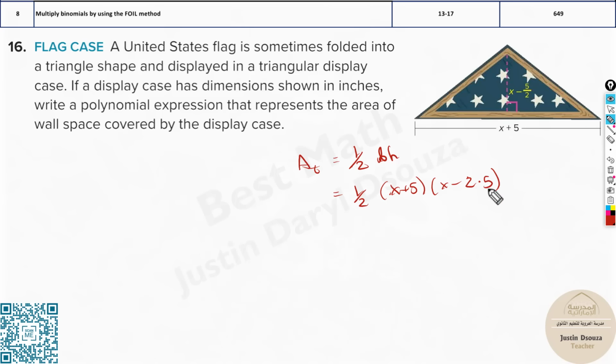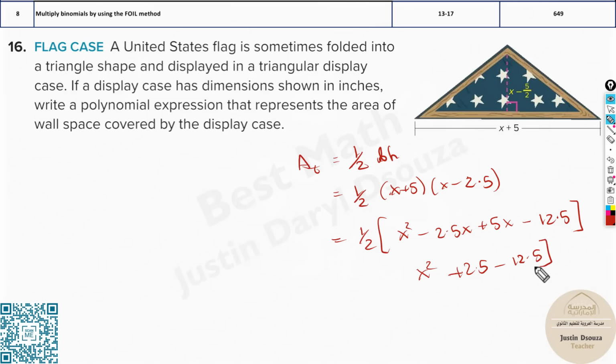You can take it as 5 by 2 or 2.5. It's up to you. Now let me solve numbers. I'll multiply it later. Let me do this right side only. So it's going to be x squared minus 2.5x plus 5x minus 5 by 2, it will be 12.5. So now all I need to simplify is x squared, it will be again plus 2.5 minus 12.5.